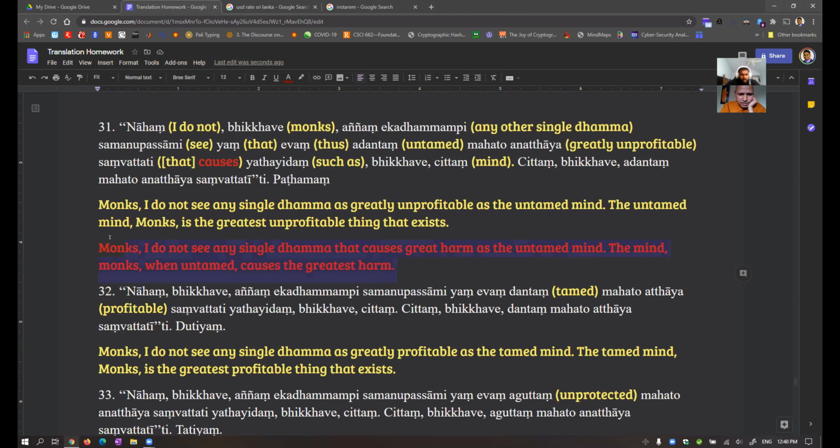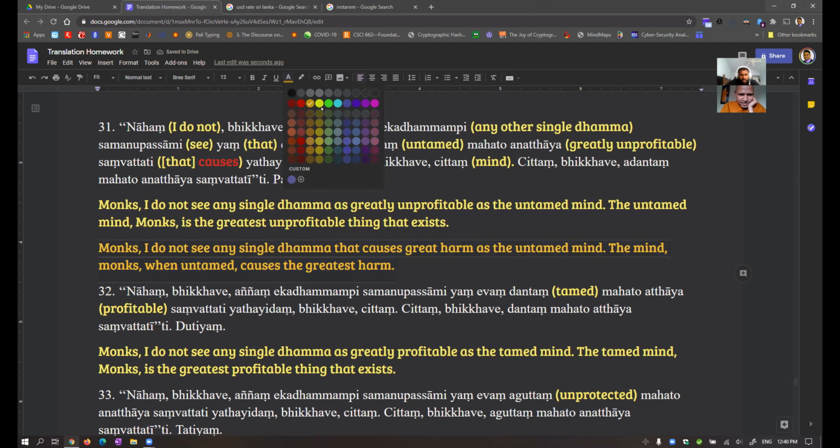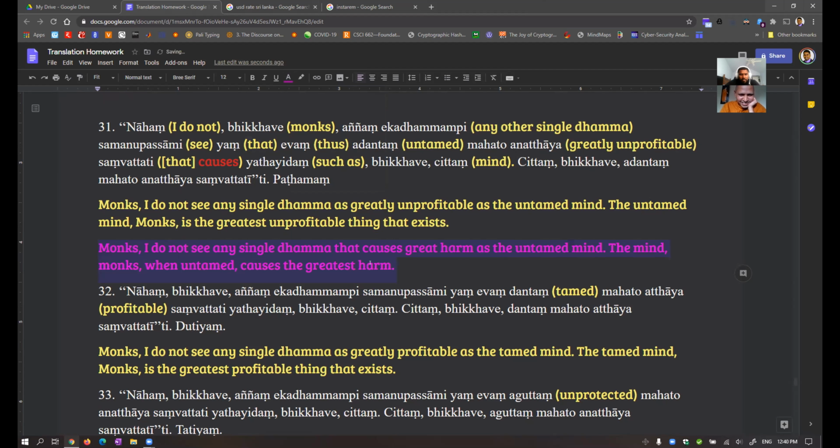Like this color is... Sorry, go ahead. I'm going to change the color. It's a little eye-sore. I'm sorry, I'm very picky about colors. It's a fetter in a way. I sometimes spend a lot more time making my papers beautiful than actually writing the paper itself.